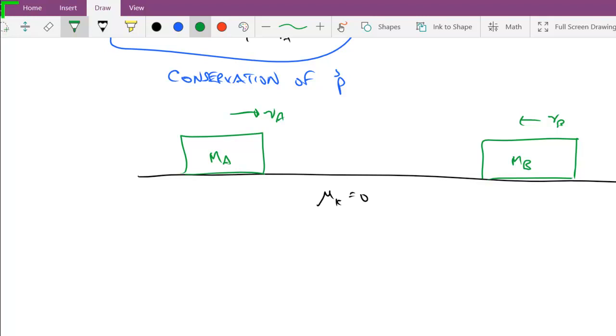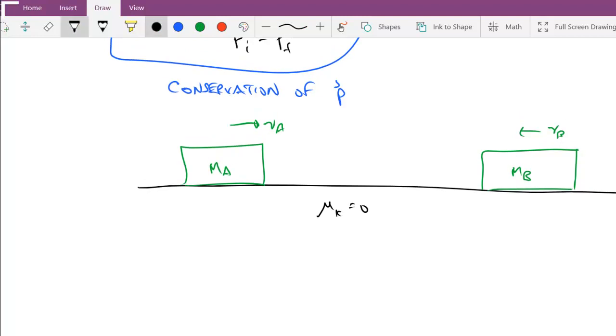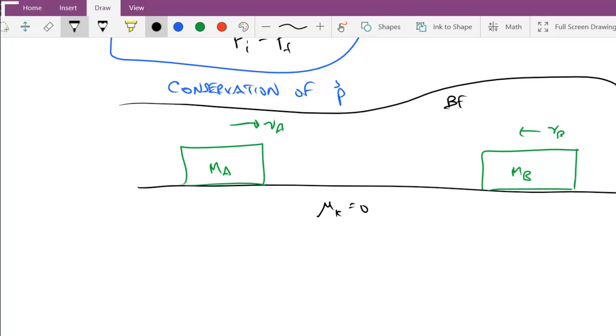This system here, these two blocks, has some total momentum, right? And I'll say this is the initial condition, or before the collision. They're going to collide. Clearly they're going to collide. It's on a frictionless surface, so they're not going to stop. So we're going to call this before, or if you want to, you can call this initial.